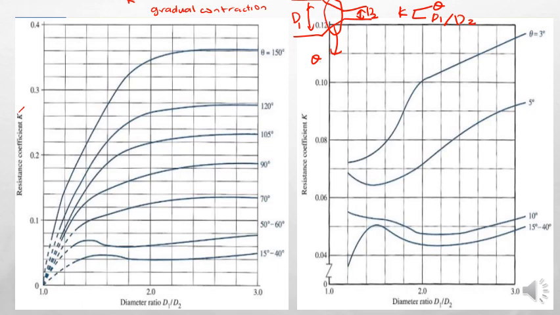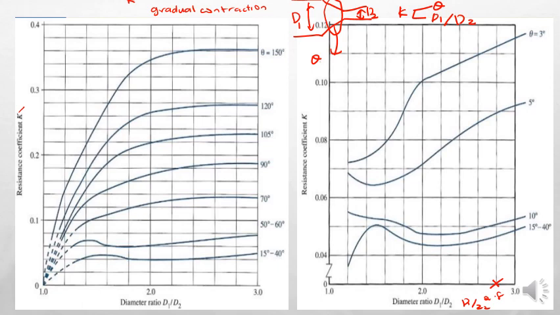If you look here, it's still the same concept. You just need to know your D1 divided by D2. For example, let's say D1 divided by D2 here is 2.8. So this is our D1 divided by D2, 2.8.